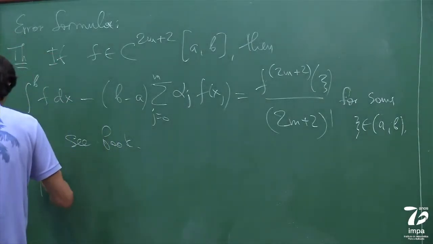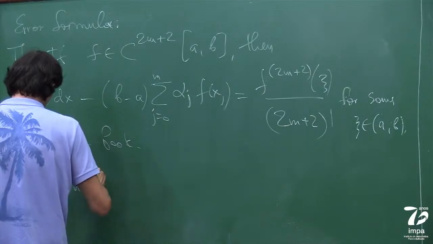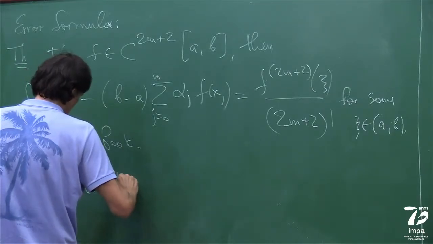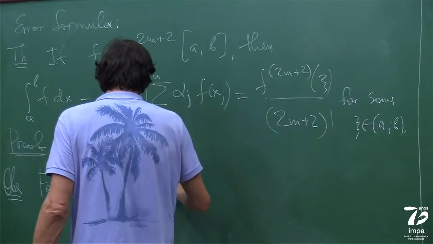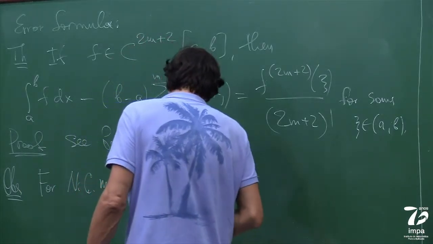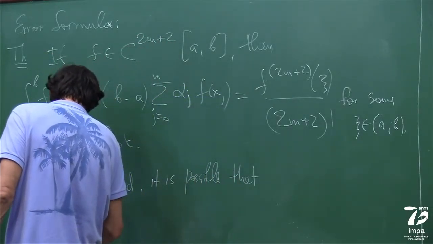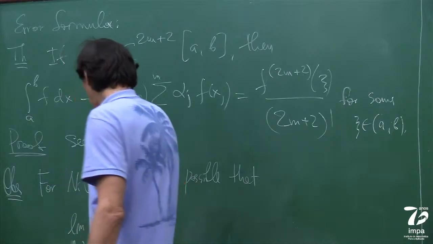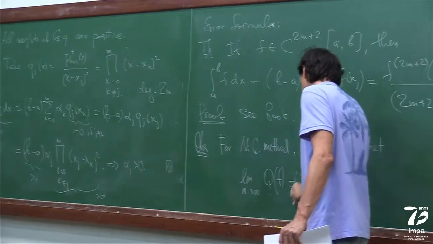For the Newton-Cotes method, it is possible that the limit as m goes to infinity of the quadrature is not the integral.